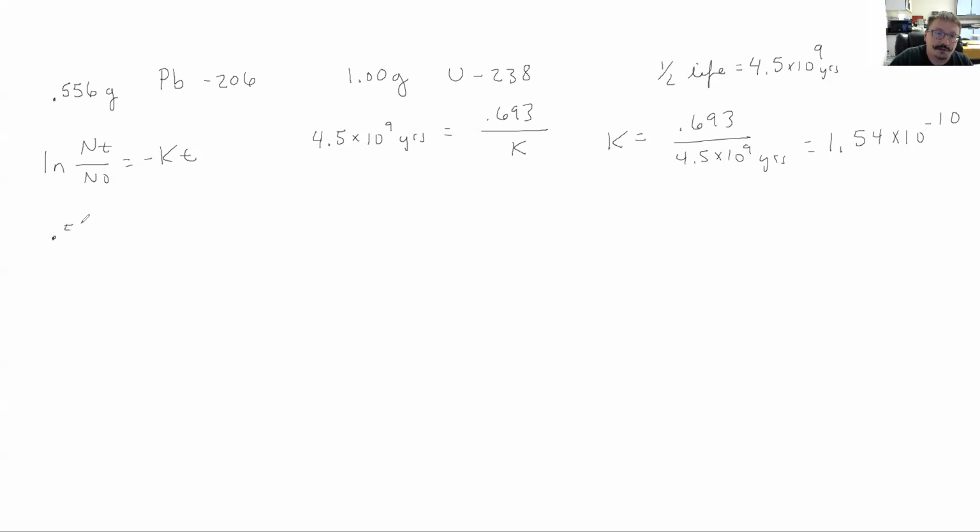So I'm going to need to take that 0.556 grams of lead-206 and divide by the molar mass to find out how many moles of lead-206 we have. That means originally that was how many moles of uranium-238 we had.